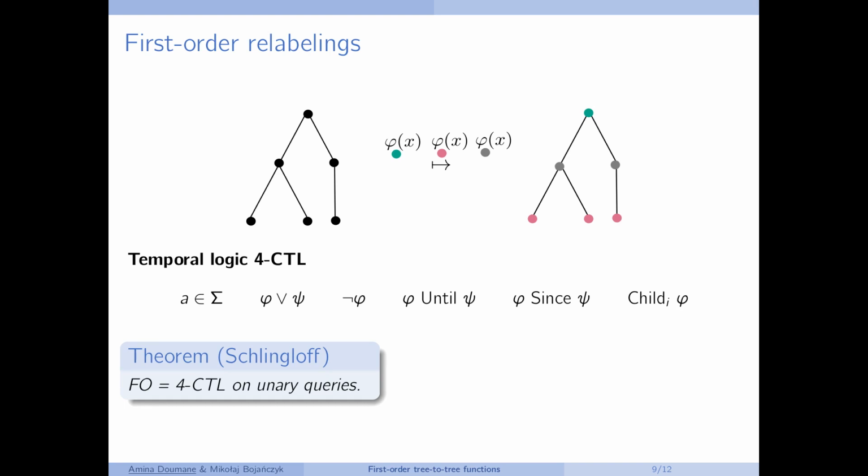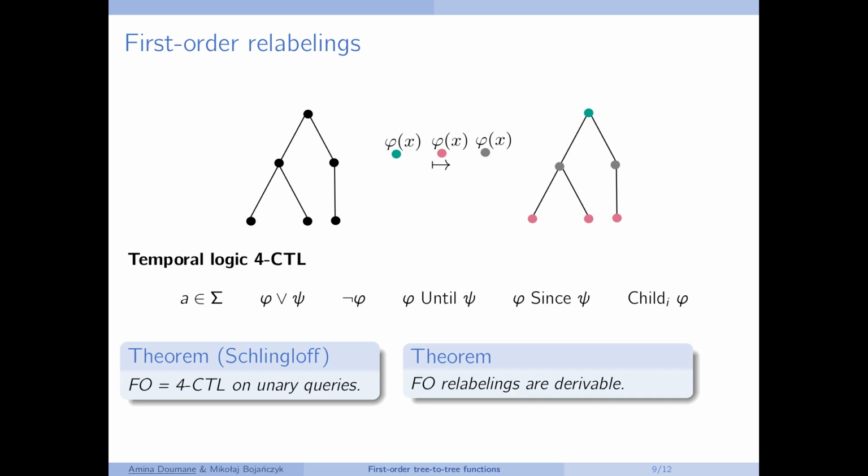And we have this remarkable result by Schlingloff, who shows that first-order unary queries are equivalent to CTL*. So the advantage of this formalism is that it is variable-free. And now we can prove that our first-order relabelings are derivable by induction on the structure of these formulae, which becomes very easy.